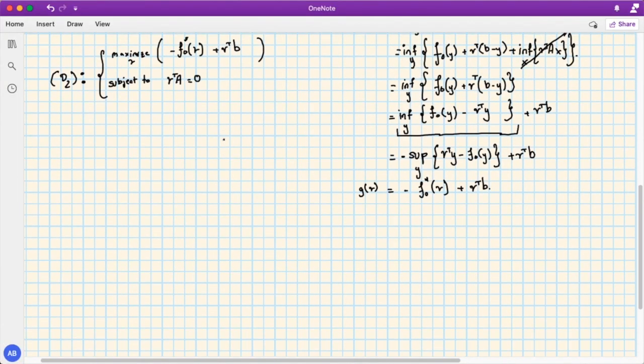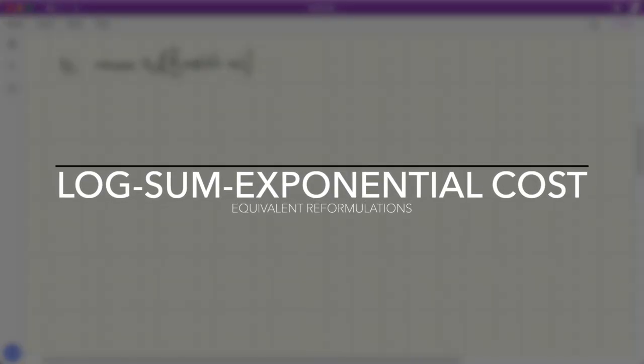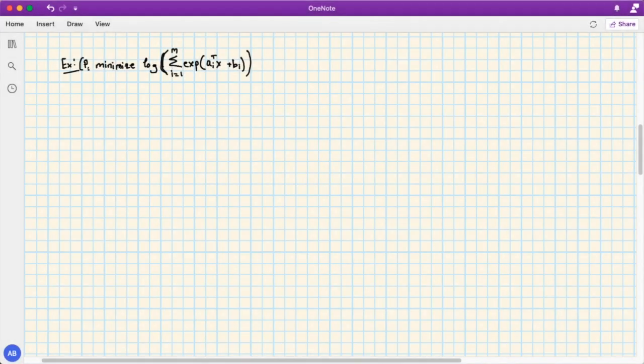Let's, for example, take this problem. So as before, let's denote this problem by P1, okay? And let's formulate an equivalent problem. That is, instead of my affine constraints, AI transpose X plus BI, I'm going to denote this as YI, okay?